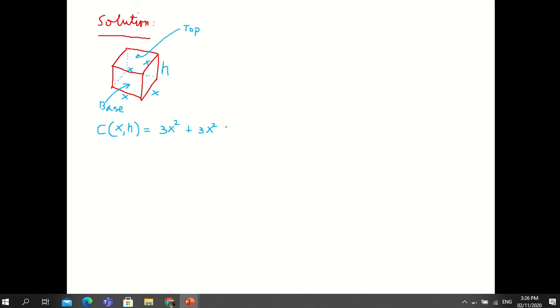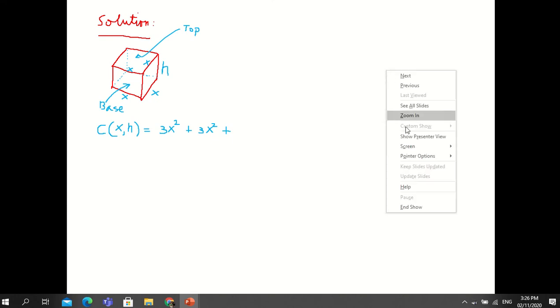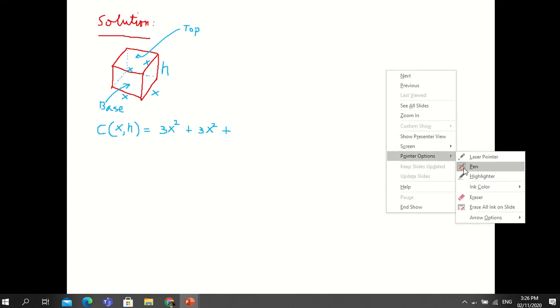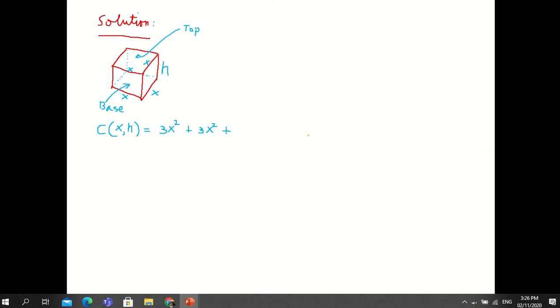Then plus the sides. So what is the cost of the side? By the way, class, how many sides are here? We have this side, side 1.